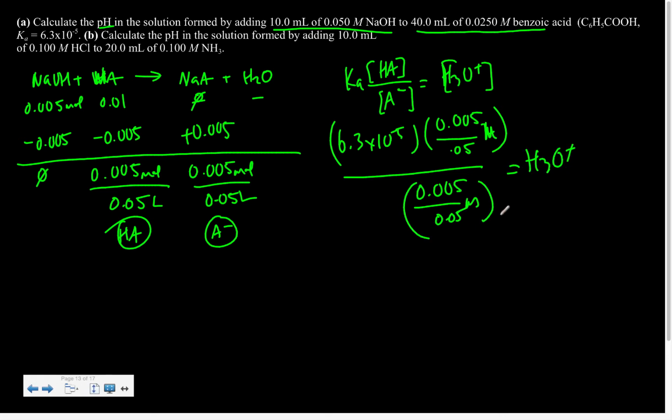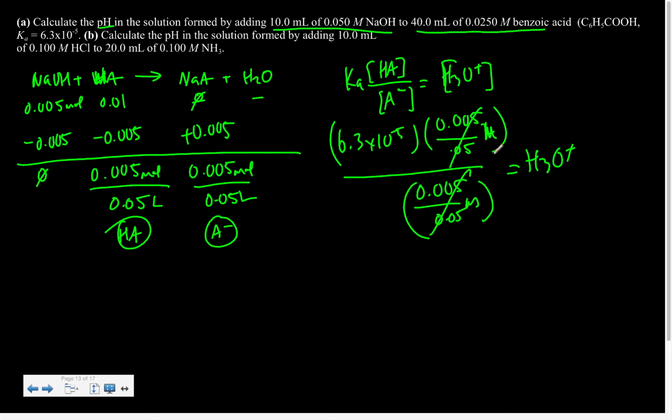And what do we notice? We notice that these are the same, which means that they cancel out, which means that this is my H3O plus concentration, and I would take the negative log of that to get my pH. Yes? Does that make sense?